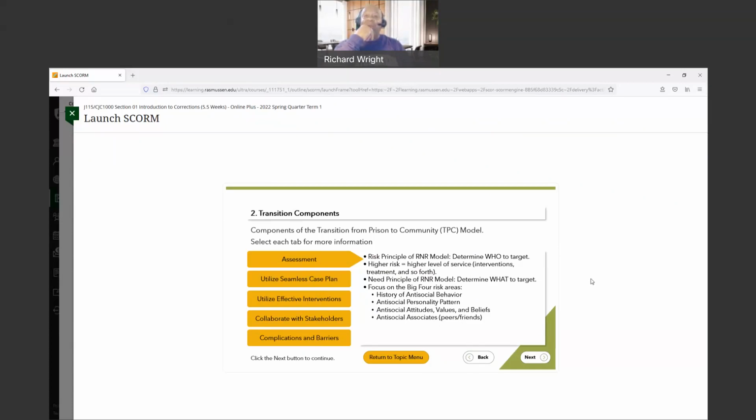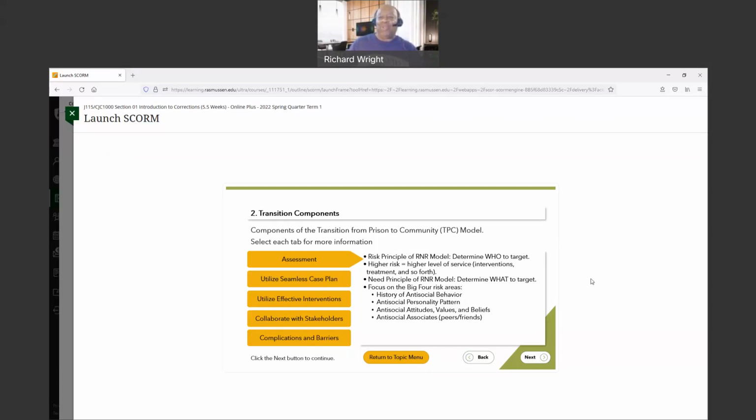Well, the higher the risk, the higher the level of interventions needed. So it depends on what that person really needs in terms of helping them so that they can stay out of trouble. What exactly is it that we're going to do? What type of thing are we going to do?